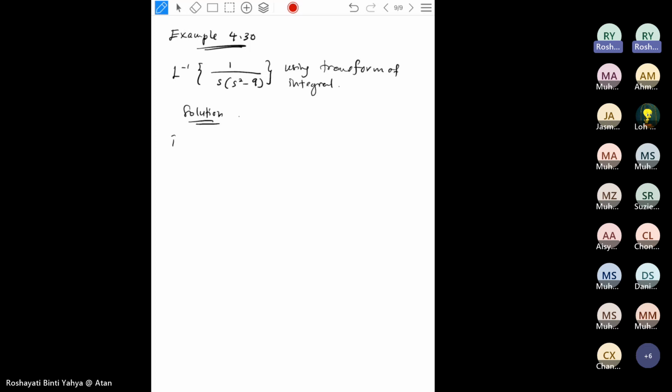So the first one, 1 over s squared minus 9. Expressed in F(s) over s expression. How can you change this function to this kind of expression?